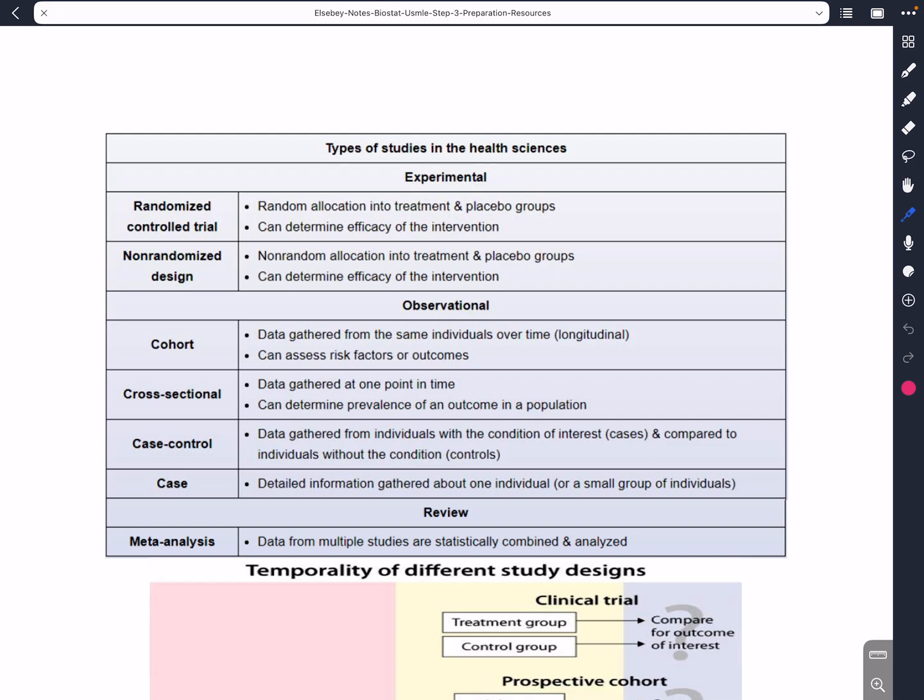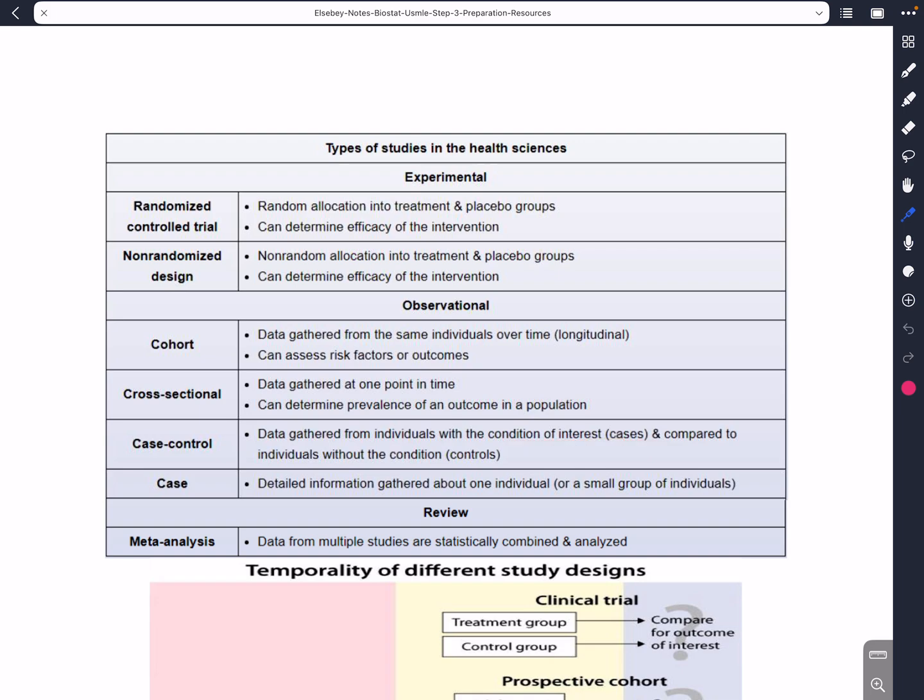So case control studies, cases have the disease of interest. Control would be individuals who do not have the disease of interest. They can have, say, hemophilia or any platelet disorder, but they specifically do not have diabetes because diabetes is the condition of interest that you're looking for.